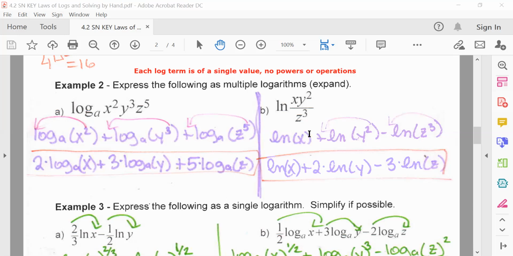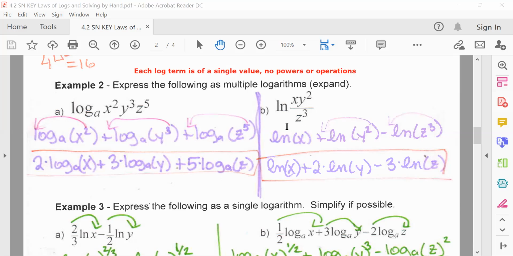So on part B, natural log of x, y squared over z to the third. We have x multiplied by y squared, but then that's divided by z to the third. So the natural log of x and the natural log of y squared will be added because x and y squared were being multiplied inside the log.